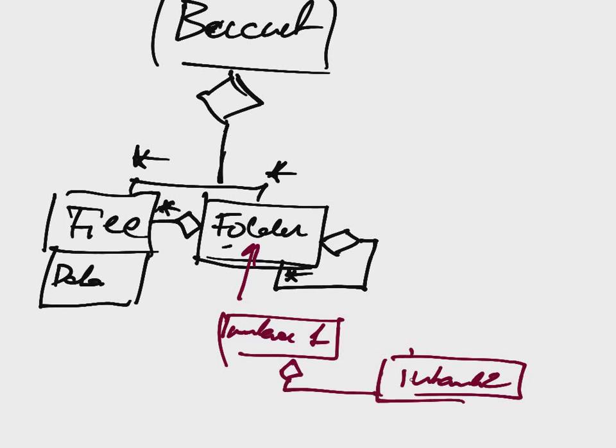So no loop here, but because both of these instances are instances of the same folder class, in general that means that at the end 1 here you have instance 2 here, and you refer back to the same class. So it is not an infinite loop of something, but it means that for one instance of this end there will be a relation to another instance at that end, and both of them of course will belong to the same class.